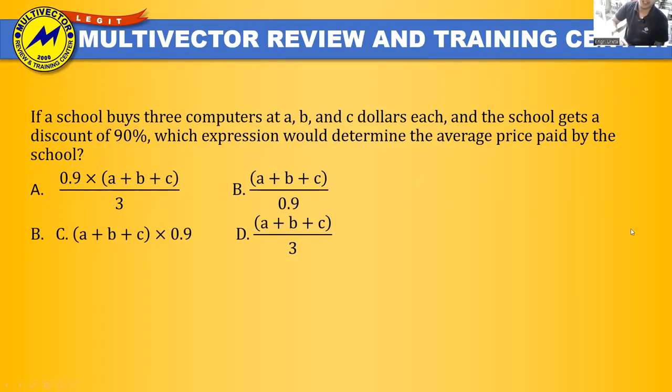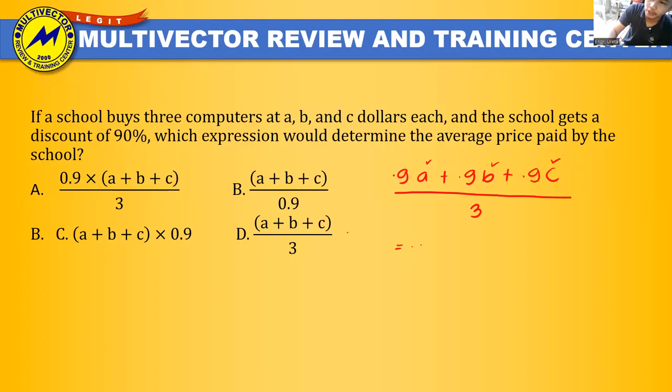Okay, so here, since the price of the 3 computers is discounted, we can say that the price per computer is 0.9A, add 0.9B, plus 0.9C, divided by, of course, in terms of average, you just divide by the number of our population. Since there are three, A, B, and C, divide by 3.